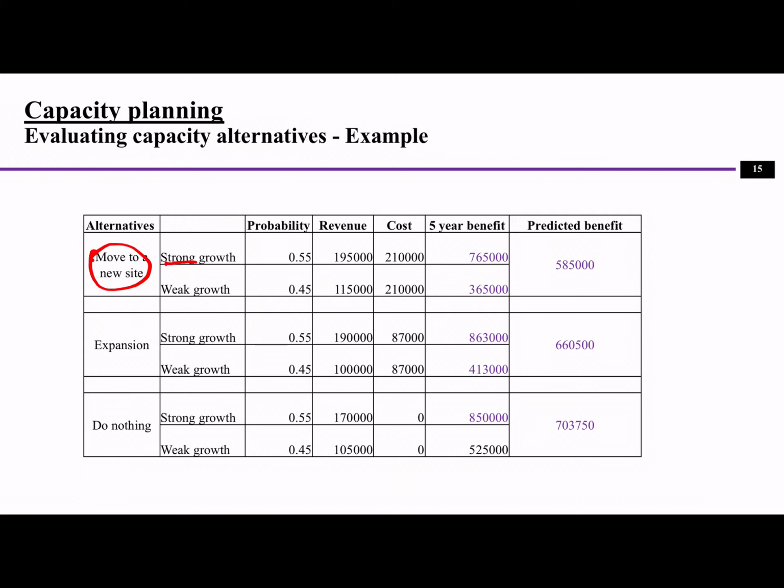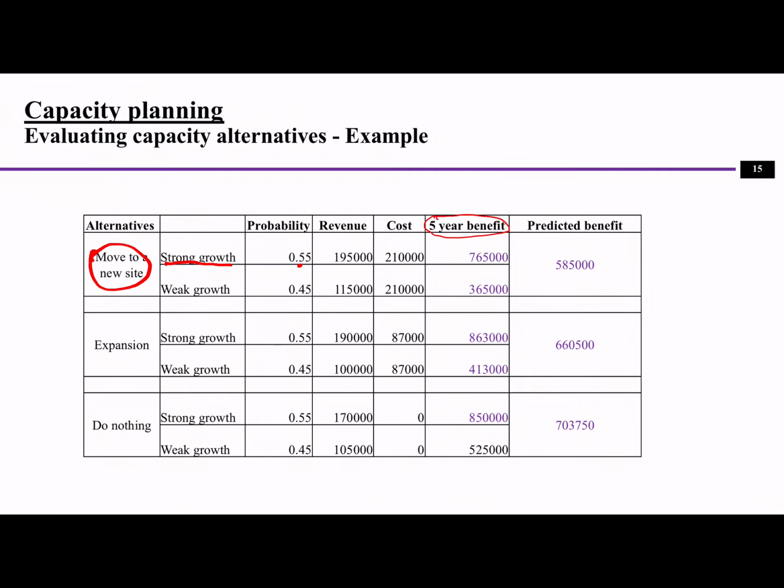So this table simply describes for each scenario what's going to happen, right? For example, if we move to a new site with a strong growth, the probability is 0.55 and the revenue is 195,000, but also there's a cost of $210,000, and we use the revenue times the 0.55.